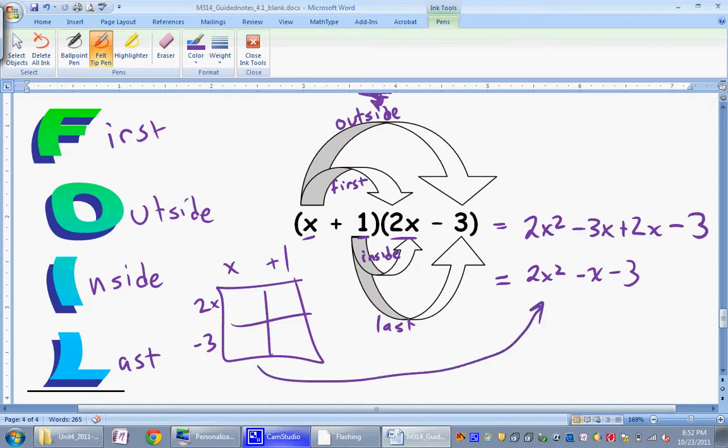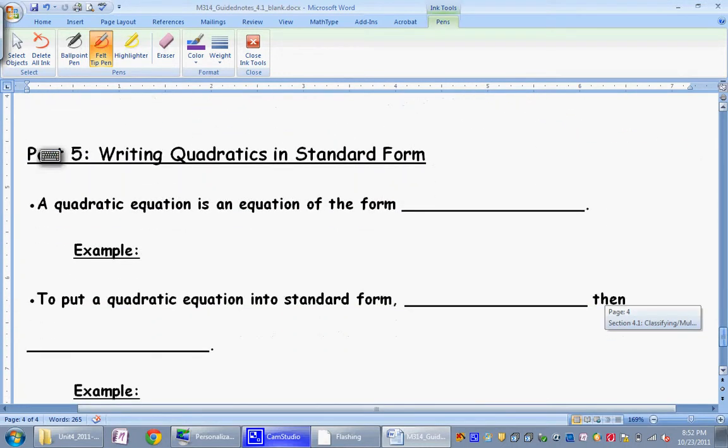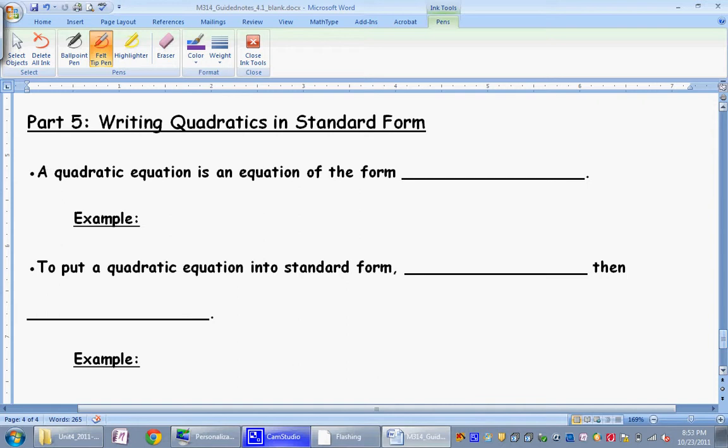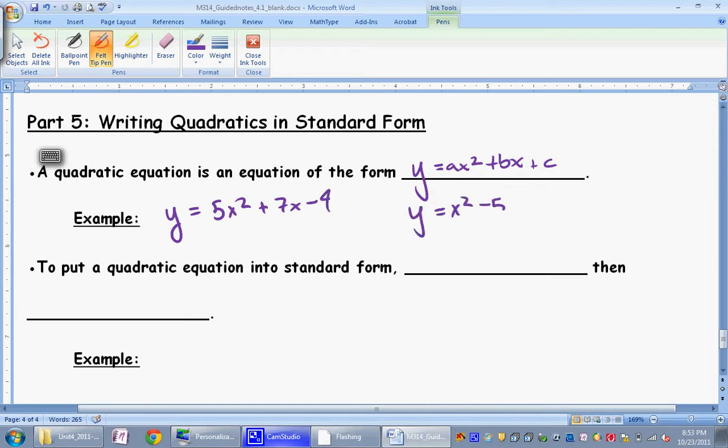And then finally, writing quadratics in standard form. This is just a really quick final part of the notes. A quadratic equation is an equation of the form y equals ax squared plus bx plus c. All I mean by that is something like y equals 5x squared plus 7x minus 4, or y equals x squared minus 5, or y equals 5x squared plus 9x.